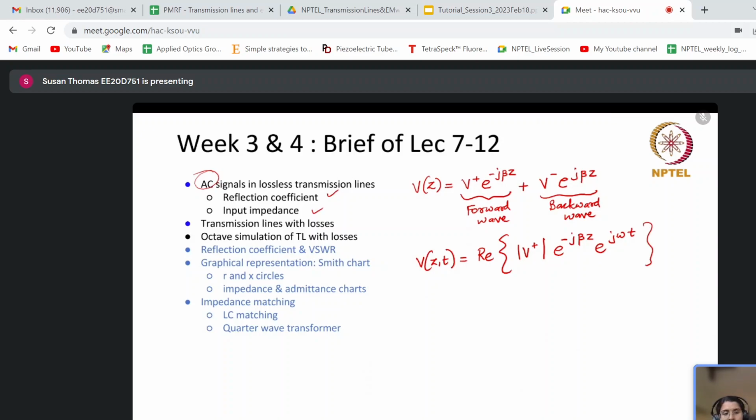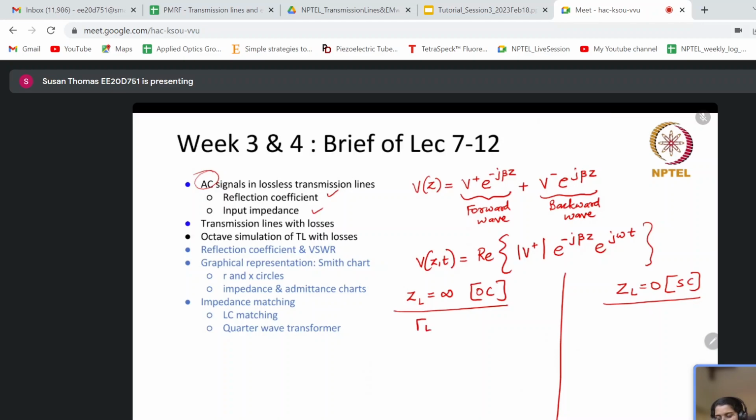So in this lecture 7, there is discussion on several conditions of the load. Say if the load is open circuit, or I can say ZL is infinity, and also when ZL equal to 0, that is when the load is short circuit. So under these two conditions, there are discussions.